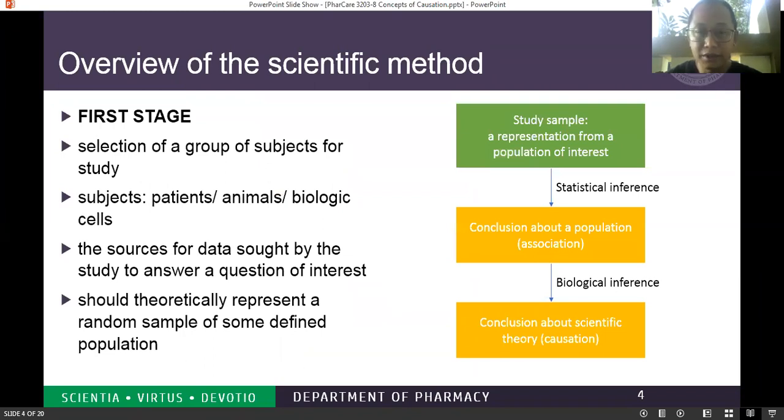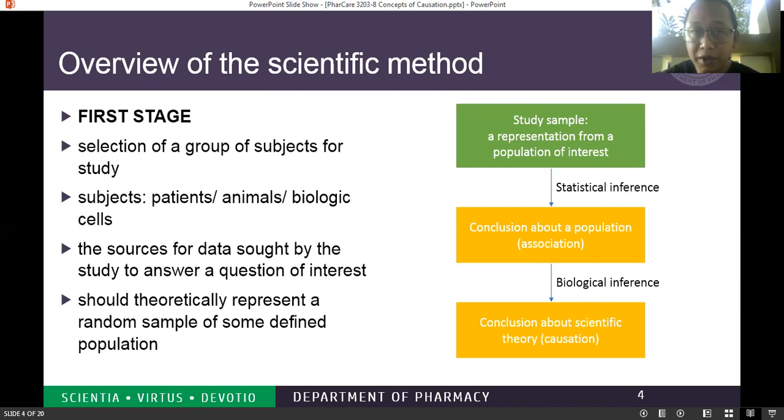At the first stage, we select a group of subjects for study. So we select some participants, some samples from a population of interest.